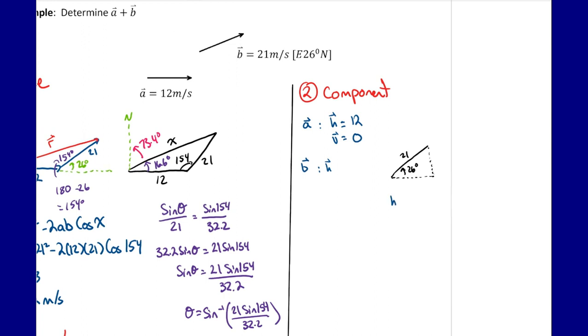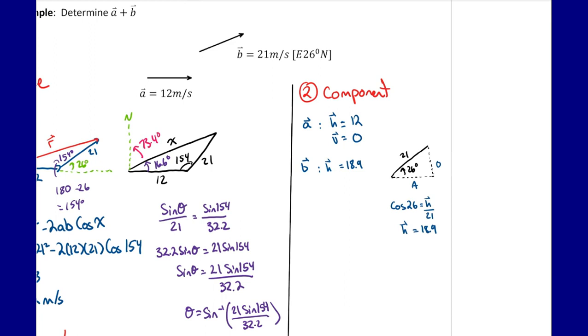So the horizontal, right, is going to be my adjacent. For my horizontal, it'll be cosine 26 is equal to the horizontal over 21. To get the horizontal, bring the 21 up: 21 cosine 26 gives me 18.9. So my horizontal component is 18.9.